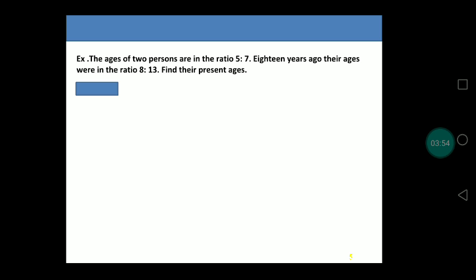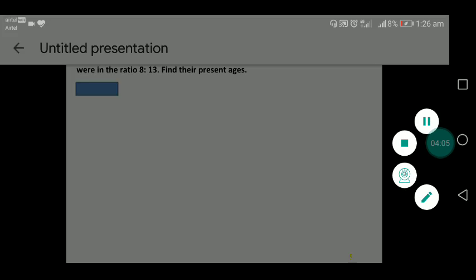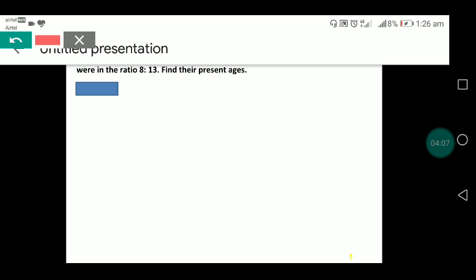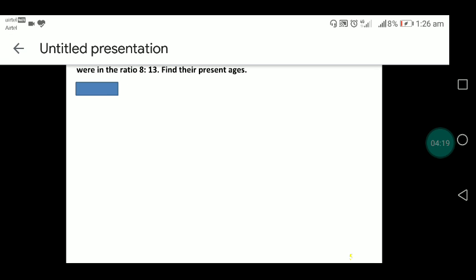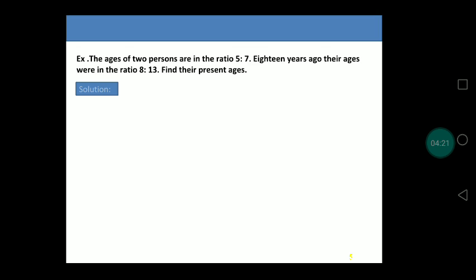The ages of two persons are in the ratio 5:7, means the present age ratio is given, that is 5:7, and 18 years ago means before 18 years their ratio is 8:13. So student, how to find their present age?